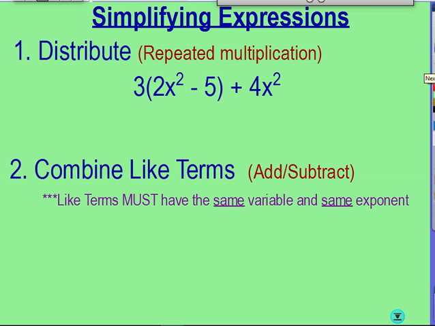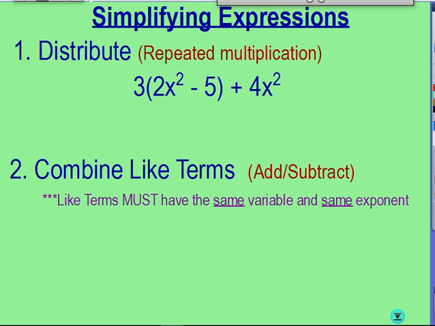The next item we'll look at is simplifying expressions. Sometimes algebraic expressions must be simplified using the distributive property, which is repeated multiplication, where you have to distribute the number on the outside of the parentheses.